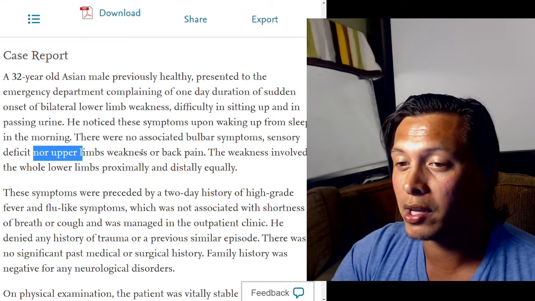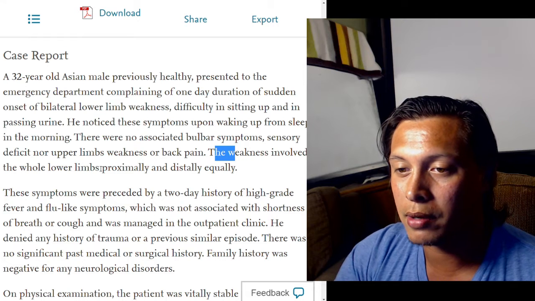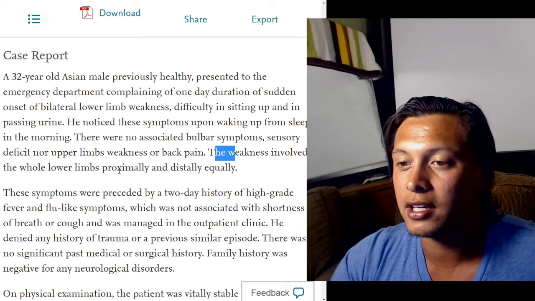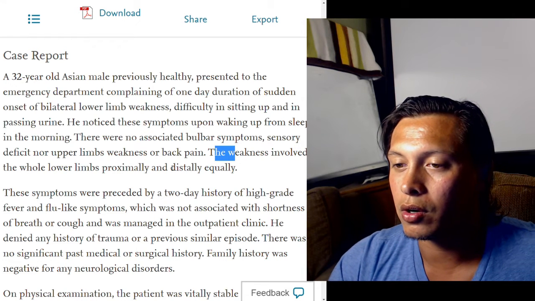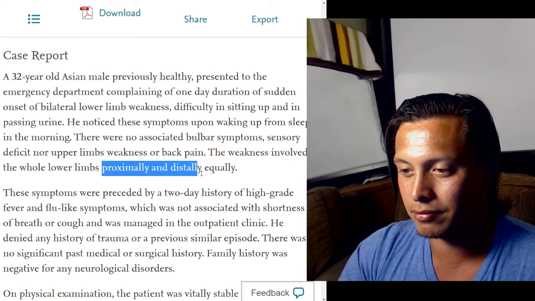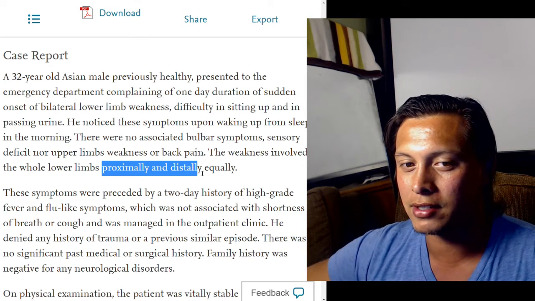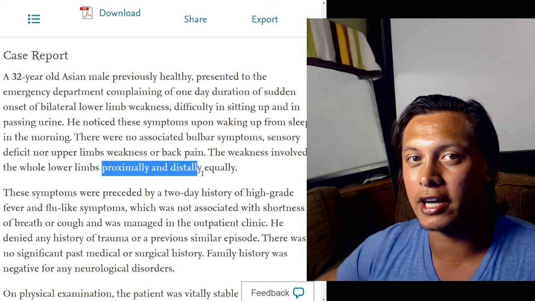Continuing on, nor upper limbs, weakness or back pain. The weaknesses involved the whole lower limbs proximally and distally equally. So what this sounds like, translating this, I think this means that the weakness happened, it wasn't like a progressive thing.